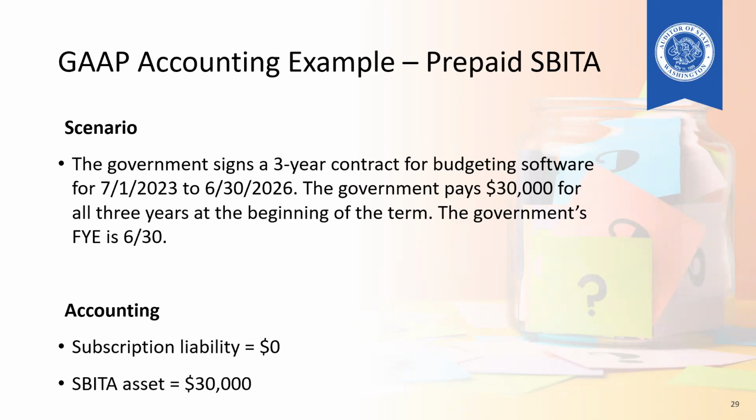You don't owe anyone any money, so there's no liability to report. But you do report a SBITA asset. Remember, the SBITA asset starts with the liability amount, then you add in the payments made to the vendor at or before the start of the SBITA term. And that's essentially what a prepayment is. It's a payment to the vendor before the SBITA term starts.